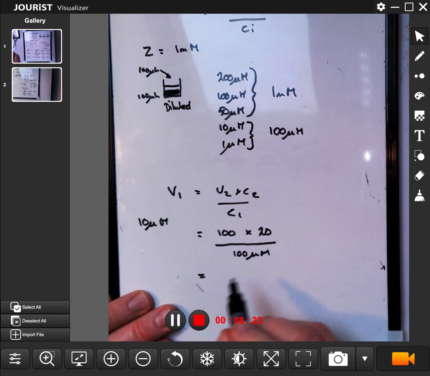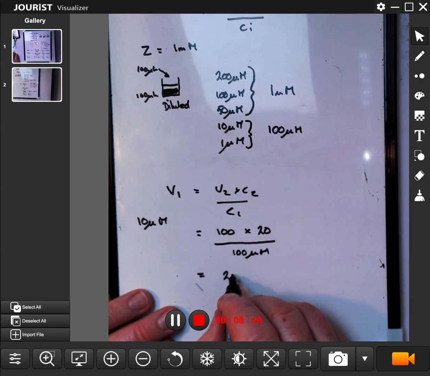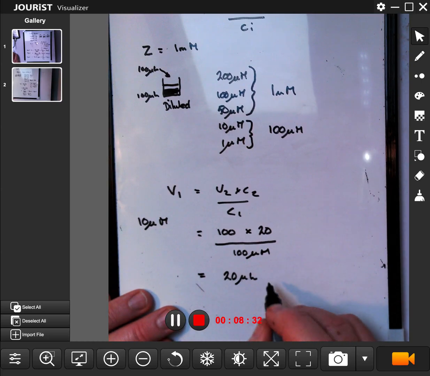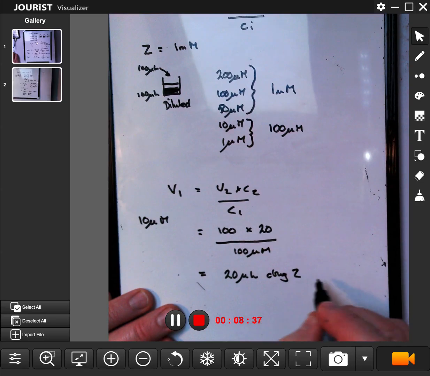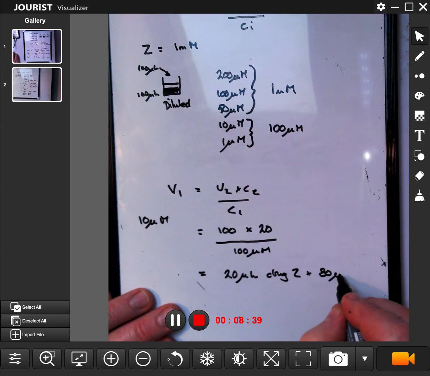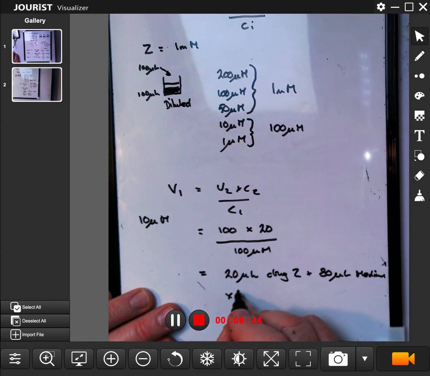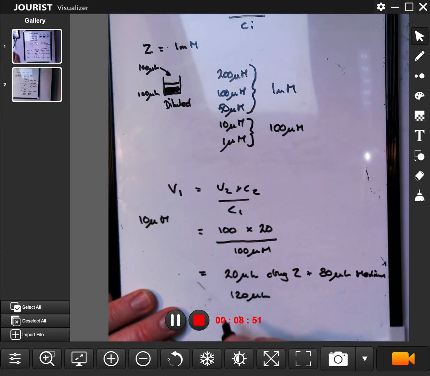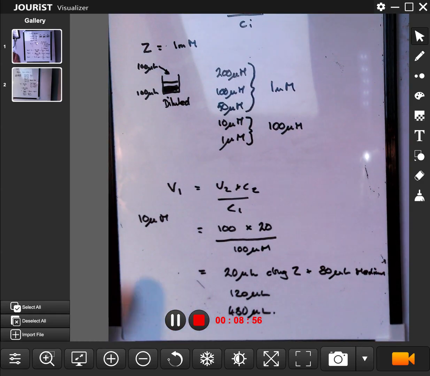So 100 times 20 divided by 100 gives us 20 microliters of drug Z plus 80 microliters of medium. And the whole lot's going to be times 6. So that's going to be 120 microliters and 480 microliters. That's at 10.